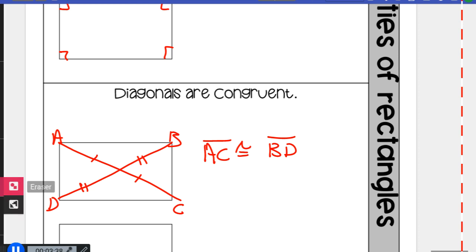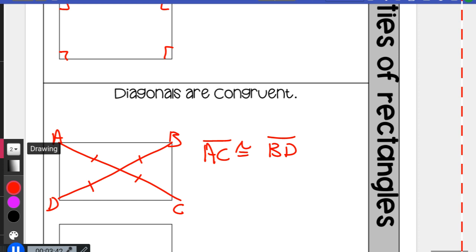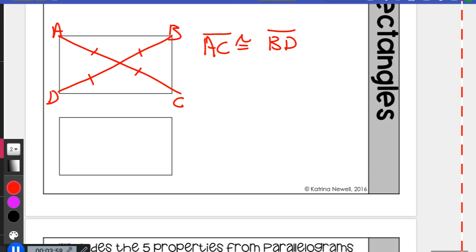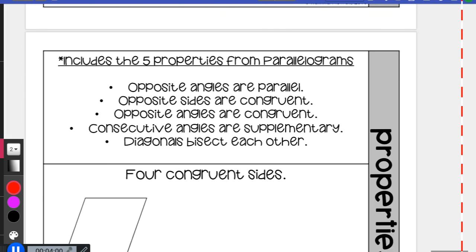So actually, all 4 of those little pieces are going to be the same. Alright, so that's the new stuff for rectangles.